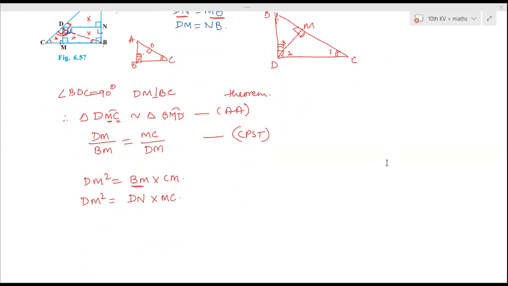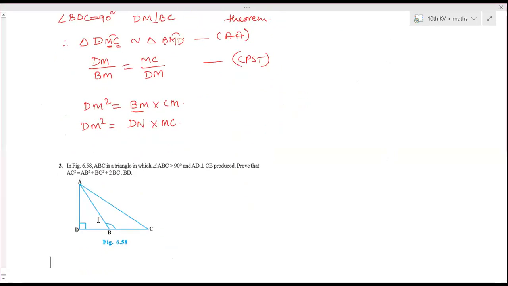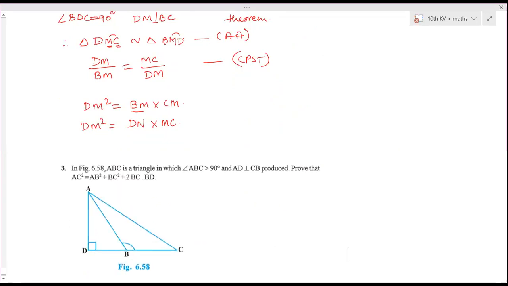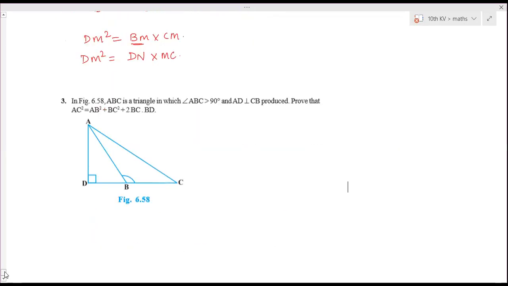Sridhar, Shrevati, Rohit Krishna, done? Jayant, understood? Yes, ma'am. Next one.